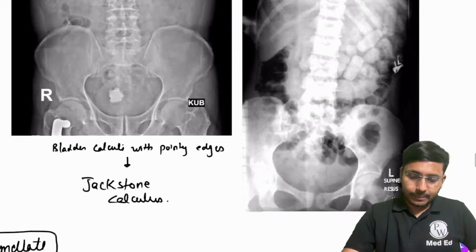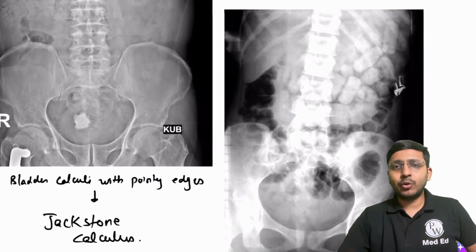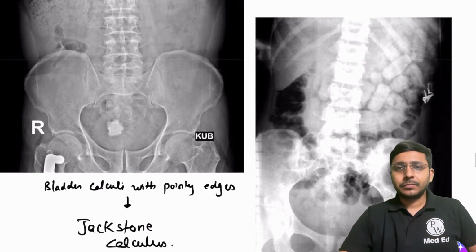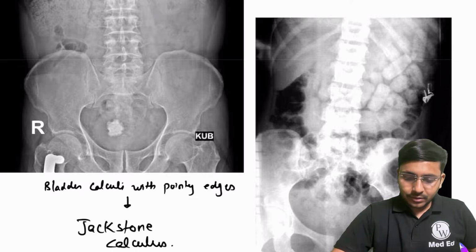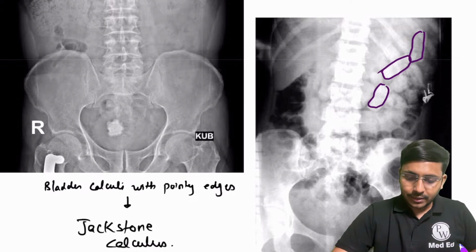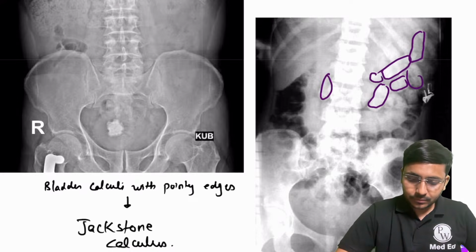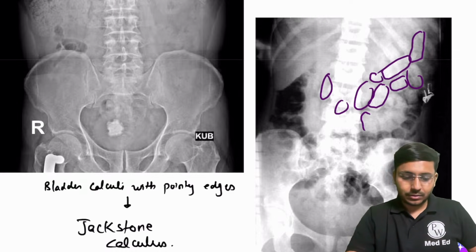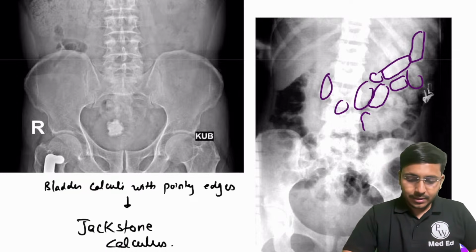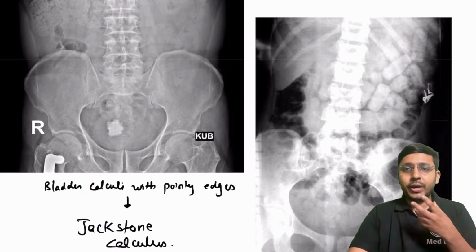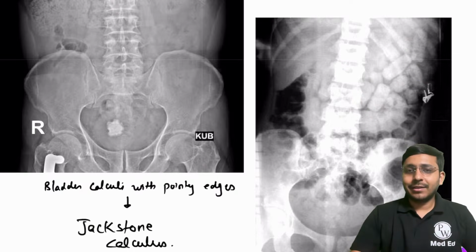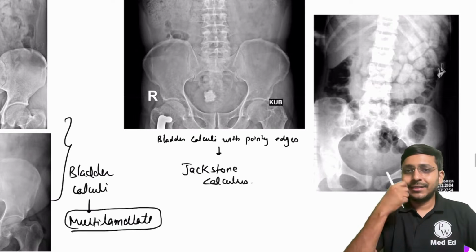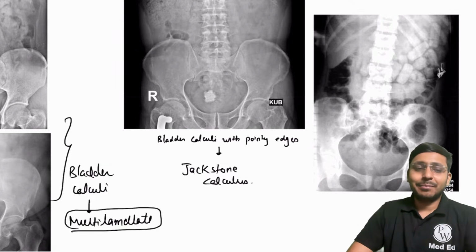And can someone tell me what is this? What is the third image showing you? Multiple cylindrical shaped radiopacities in the abdomen. What is this? Right. So these are nothing but pellets of cocaine, which this person has swallowed.